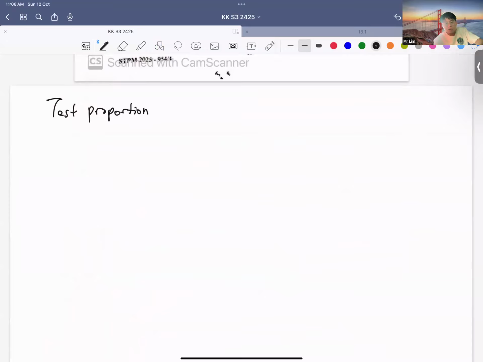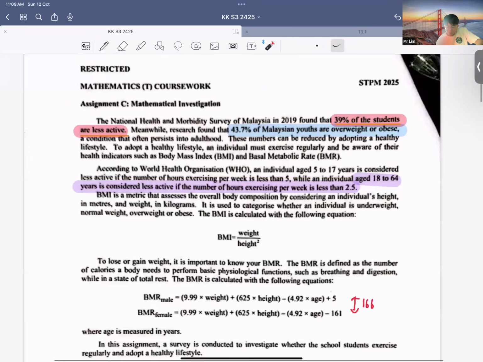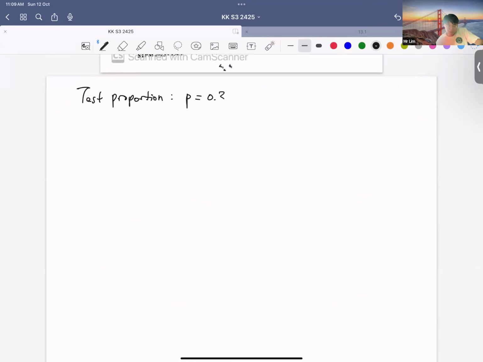So we want to test whether our P is equal to 0.39, because 39%. We want to test whether this claim is true or not. And this will be our null hypothesis, H naught.